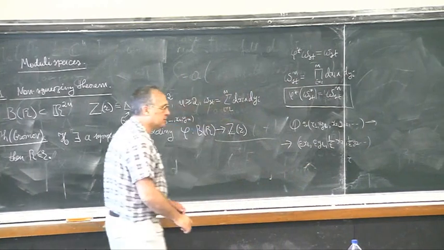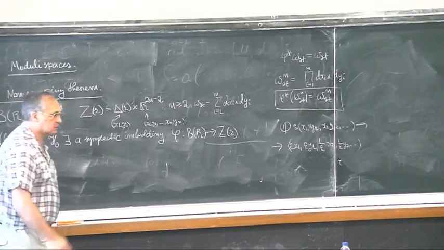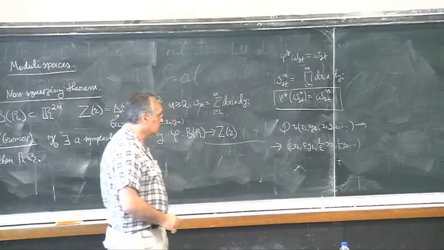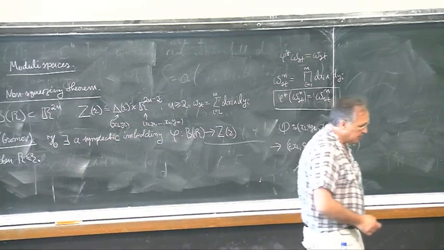This is a volume-preserving map which squeezes the large ball to a narrow cylinder. But you cannot do this symplectically. This is the meaning of this theorem.